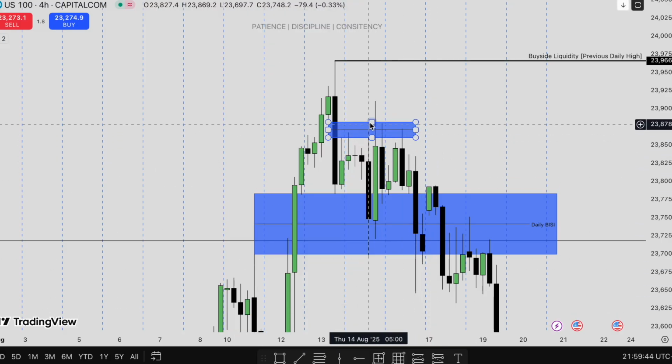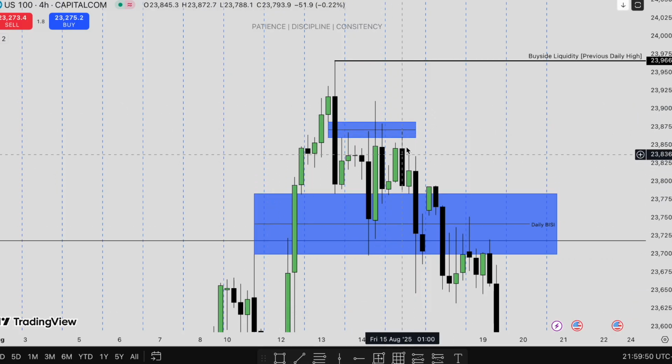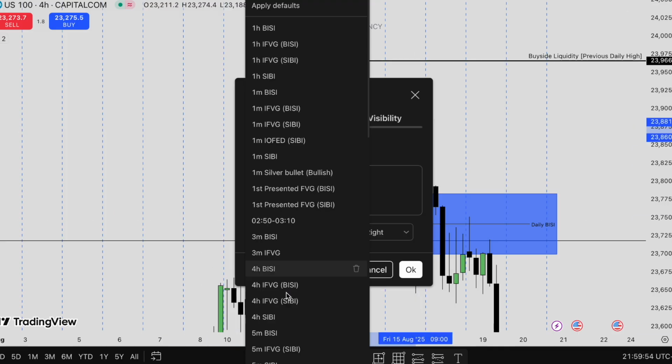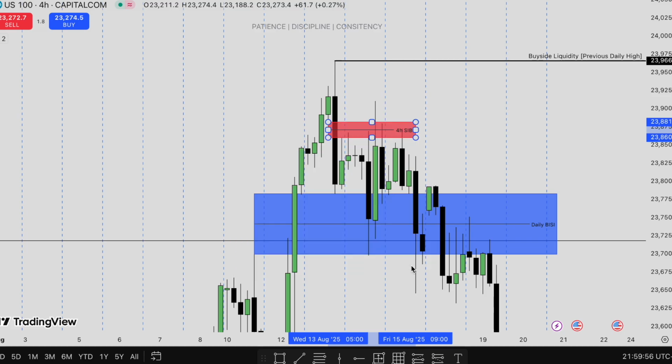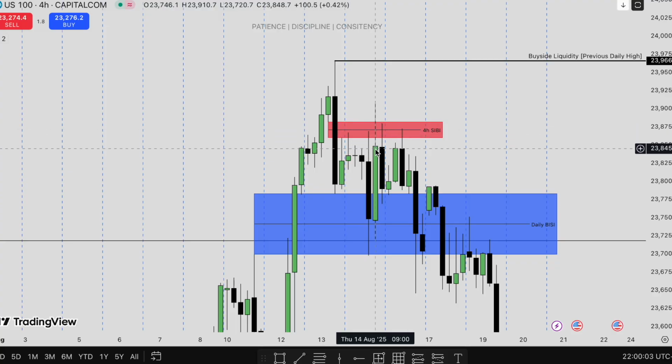Look at the bodies. The bodies even failed to trade up just to show the weakness. The bodies clearly failed to close above just to show the weakness that we had.